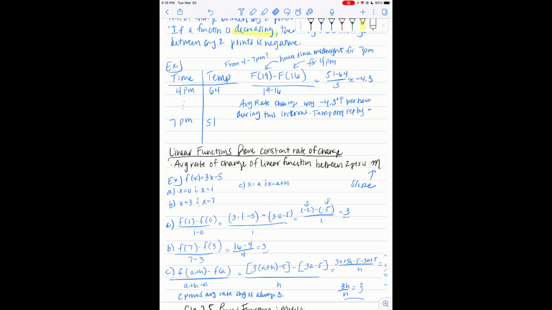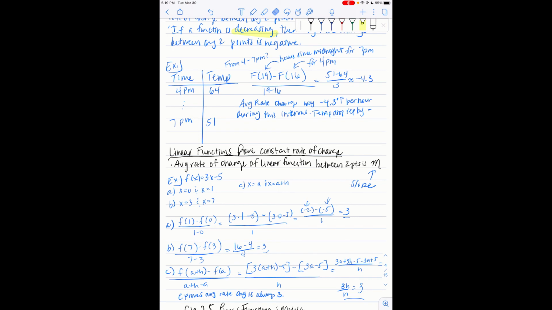So I have f of 19 minus f of 16 over 19 minus 16, because the way the problem is worded in the book, it's hours since midnight. For 7 p.m., there are 19 hours since midnight, so I guess it's military time.